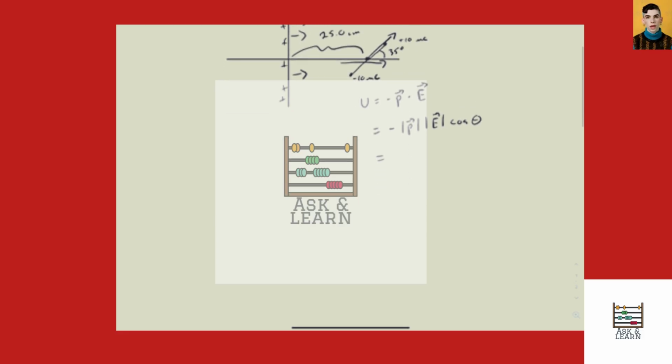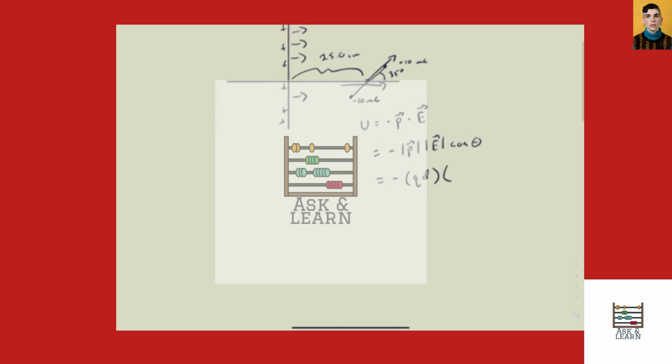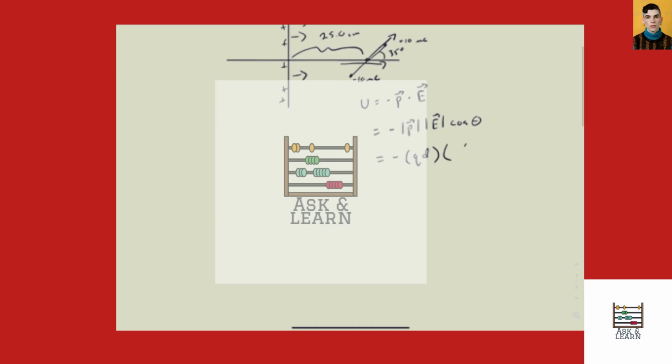So we can even simplify this further to get some quantities we know. The magnitude of the dipole is the charge times the separation of the two charges. And the electric field from a line charge is going to be the linear charge density over 2 pi epsilon naught r.